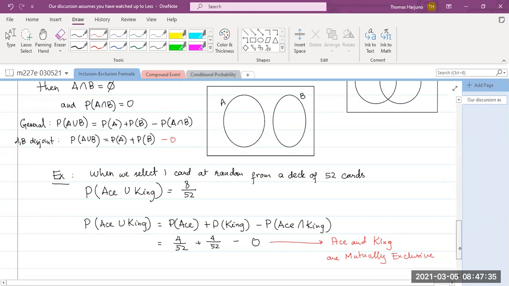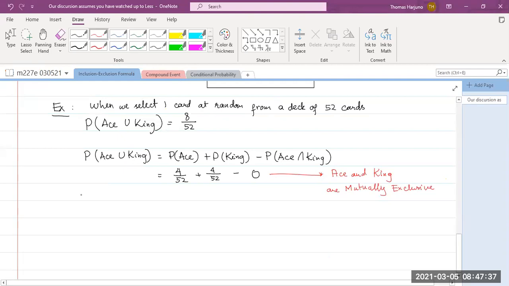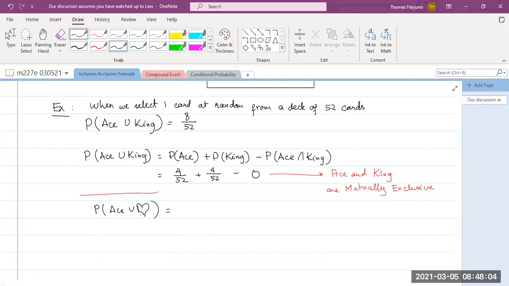Now, that is not the case when we try to count the probability of getting ace or heart. Now, the thing is, ace and heart are not mutually exclusive. We have one card that is ace and heart at the same time.